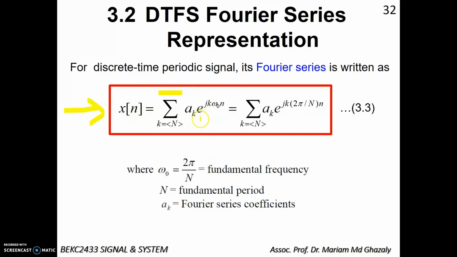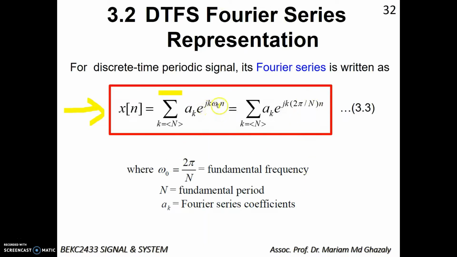So e is the exponential, j is the complex value, and k is the index of the Fourier coefficient. You have learned that k equals 0 is the DC term, k equals 1 is the fundamental frequency, and k equals 2 is the second harmonic, then third harmonic, and so on.